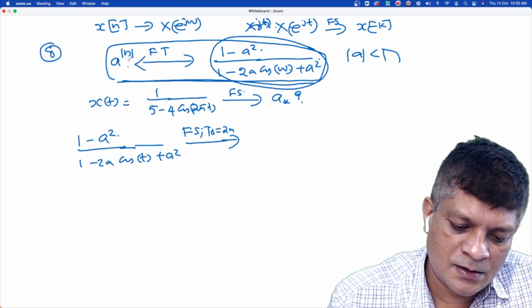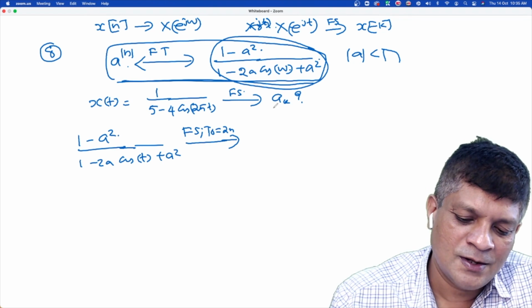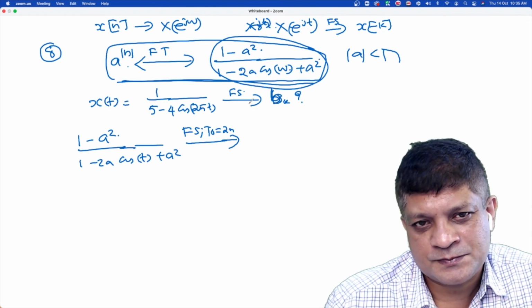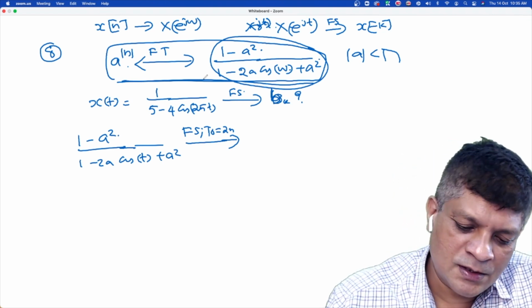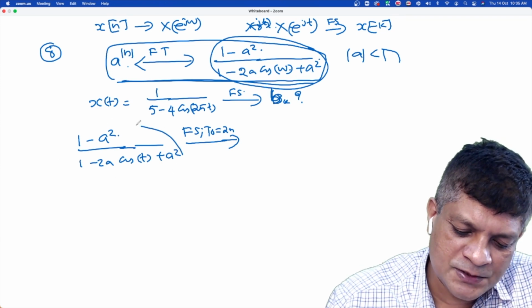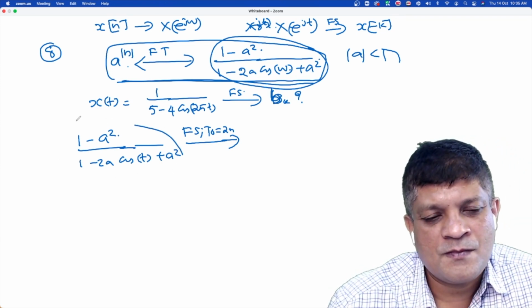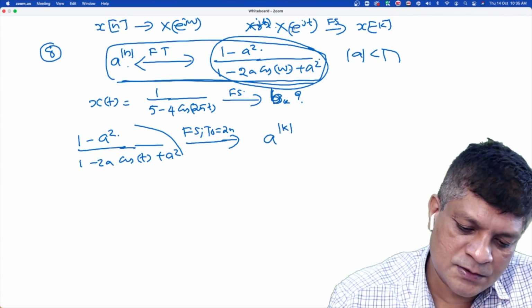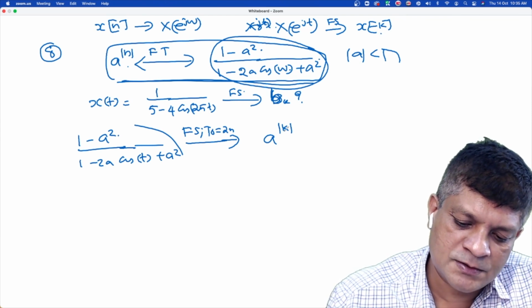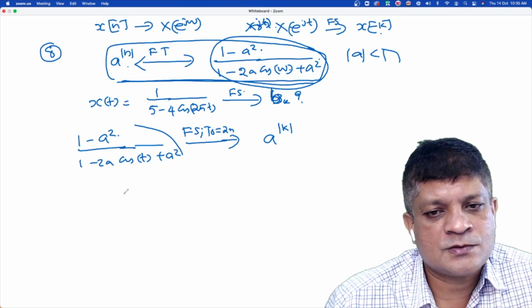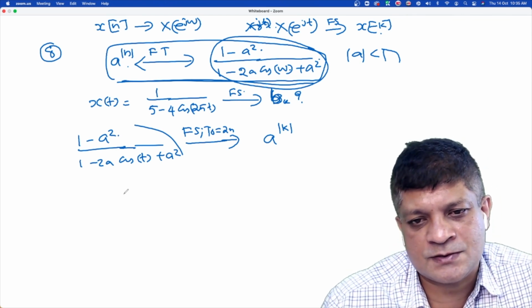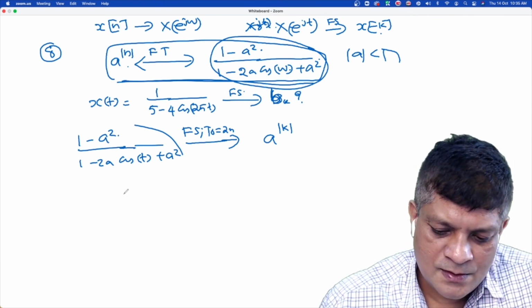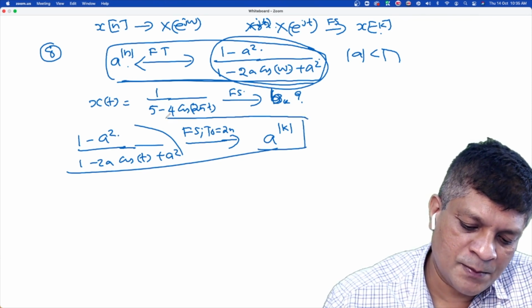Let us denote them by b_k. What are the Fourier series coefficients of this signal? a of mod k, isn't it? Because this is the duality property. X of minus k means a of mod k, because we generally consider the Fourier series coefficients with index k. So this result we got from the duality property.